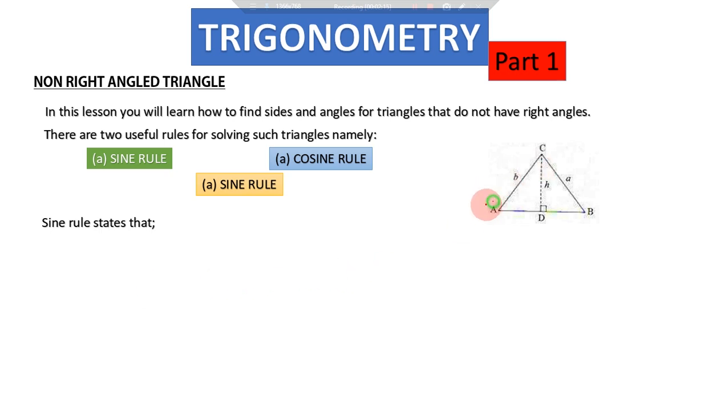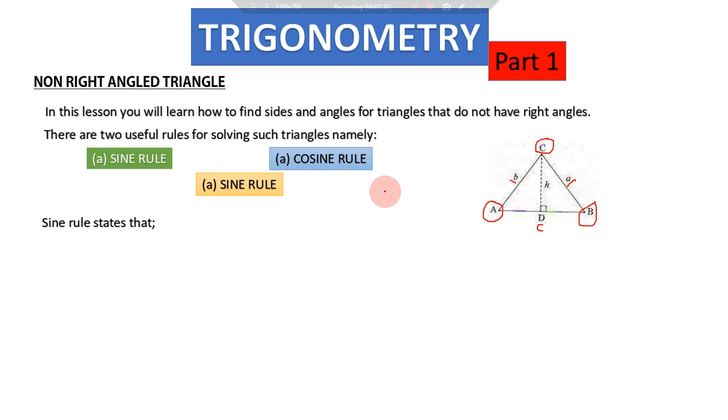At the same time, the small letters represent sides. So here we have small letter c just down here on the side AB. The capital letters represent angles, and the small letters represent sides.